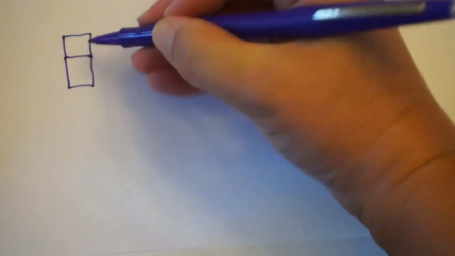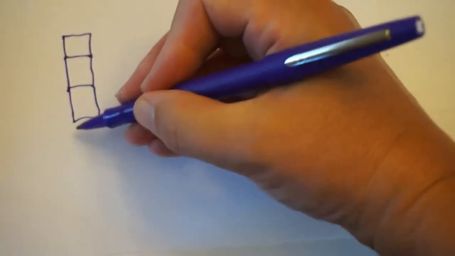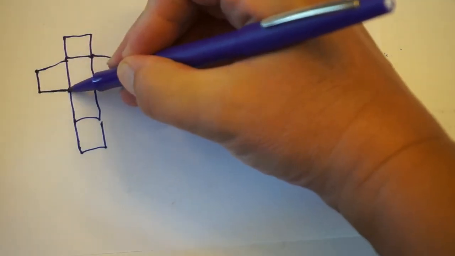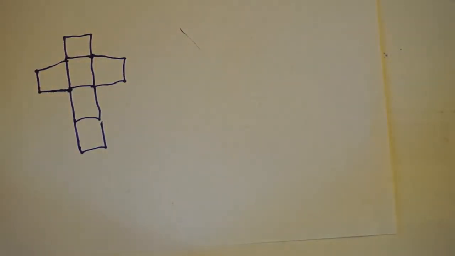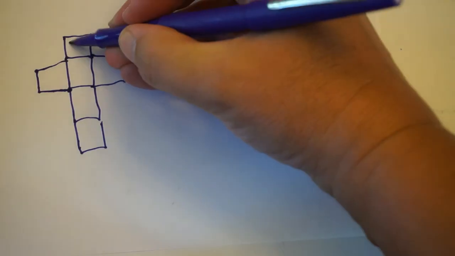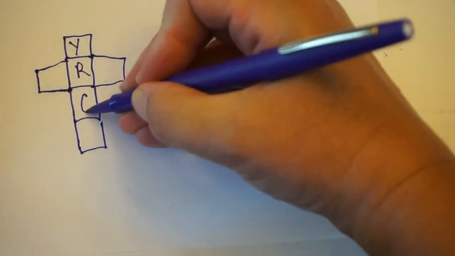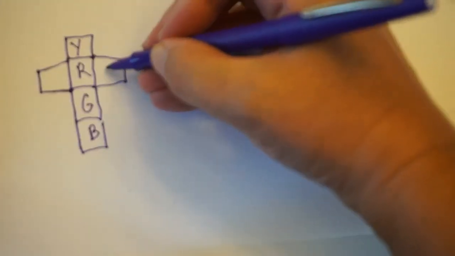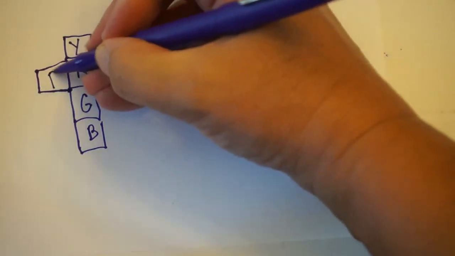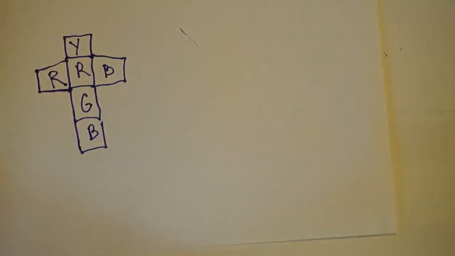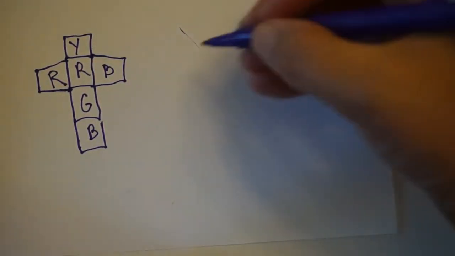So let's say that I give you a net, an unfolded cube. These are very, very sloppy, but hopefully you get the idea. So let's say we have yellow and red and green and blue and red. What would that look like on a graph?